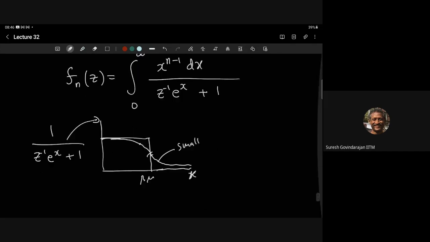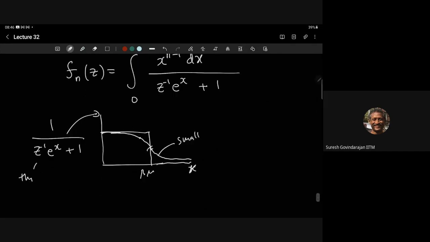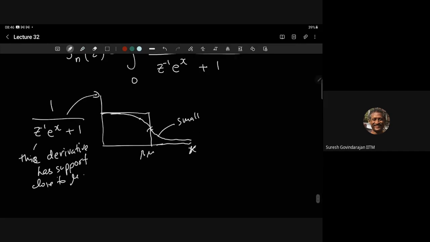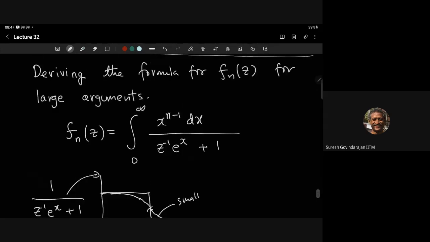Okay, so if you take derivative, the derivative has support close to mu, and width is around kBT. You can prove that. Okay, so I mean, this diagram doesn't show that. So mostly it will be 0 if you go far away. So what you do is you integrate by parts.